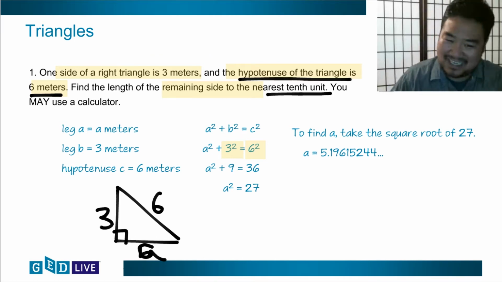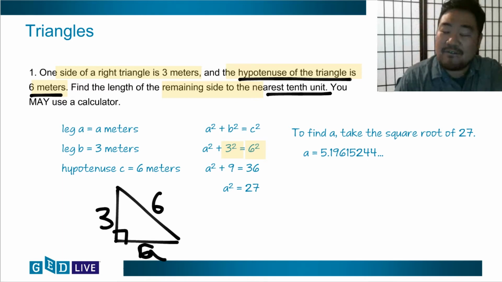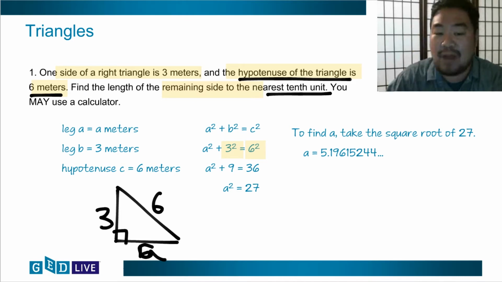So some of you might have been thinking 5 is the correct answer, but in this case, no, 5 wouldn't be correct. What would the correct answer actually be? The correct answer would be 5.2, because we're rounding 5.19 to the nearest 10th, and that would be 5.2 meters.